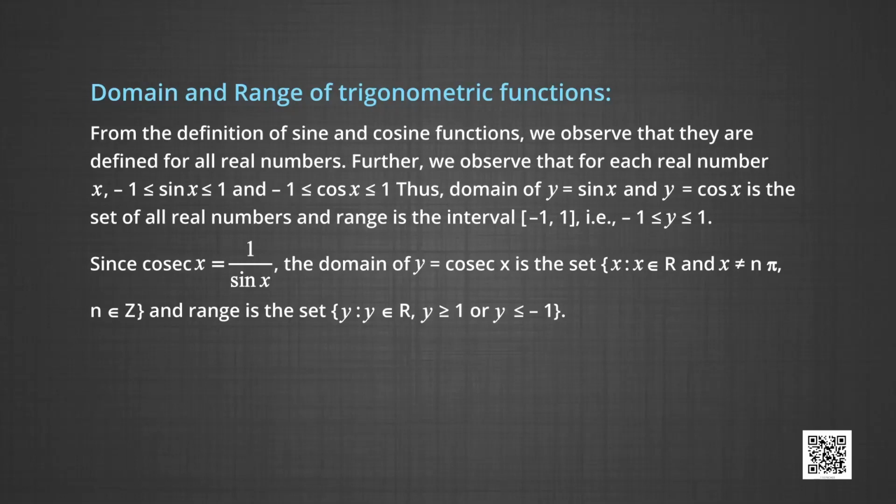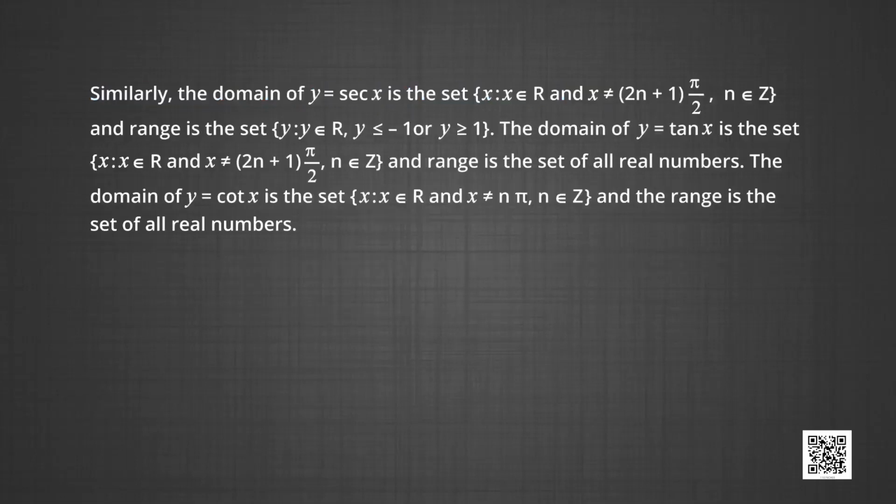Since cosec x is 1 upon sin x, the domain of y = cosec x is the set of x such that x belongs to real numbers and x is not equal to n pi, where n belongs to Z, and the range is the set of y such that y belongs to R and y is greater than or equal to 1 or y is less than or equal to minus 1.